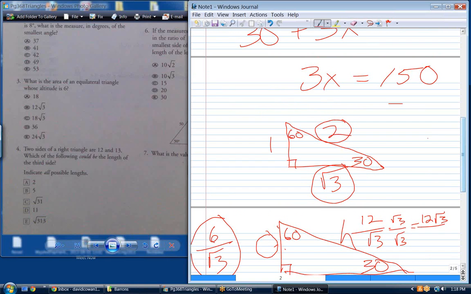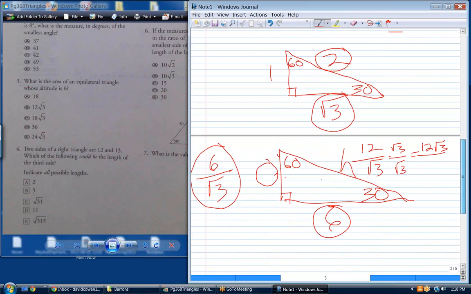Back to this problem, we're going to take the similarity ratio, which is 6 divided by root 3, and we're going to multiply it by this side, 1. So that's our answer, except, well, let's rationalize it. So how do we rationalize 6 divided by root 3? You say times root 3 over root 3.